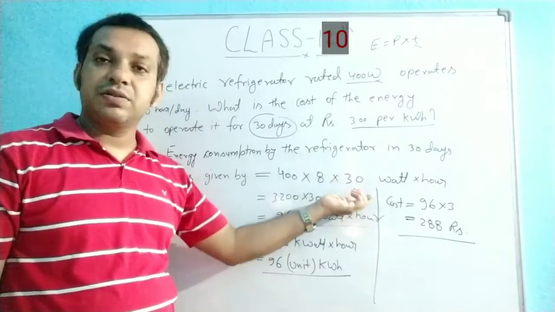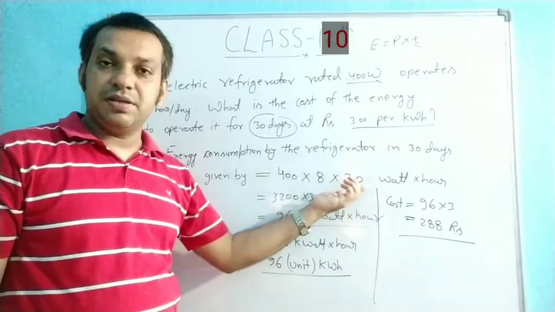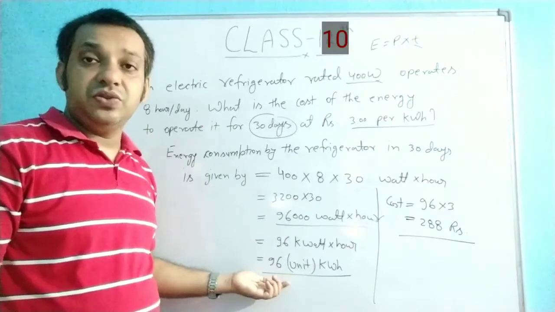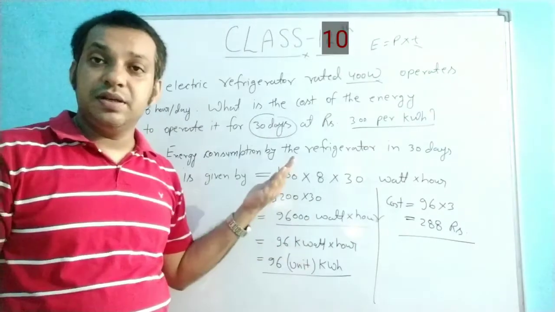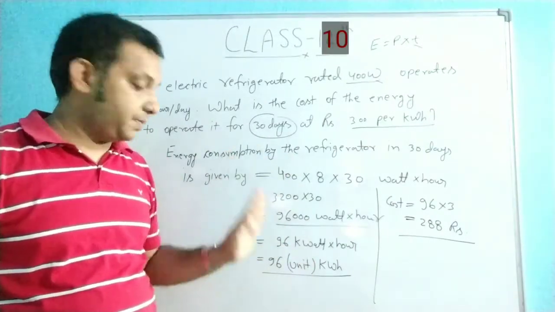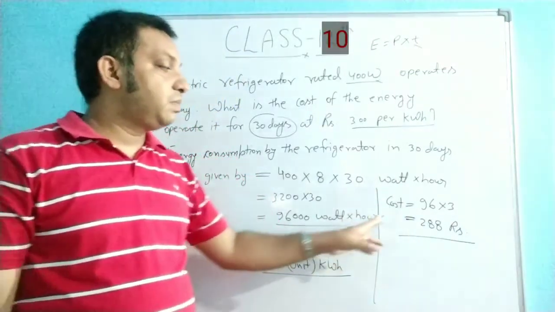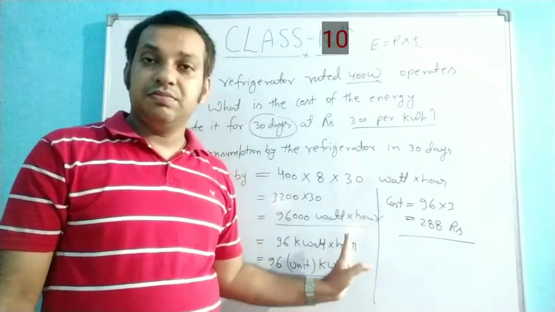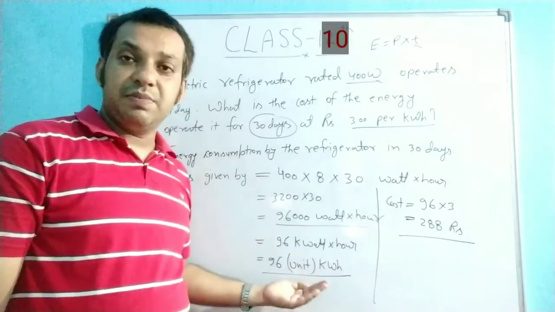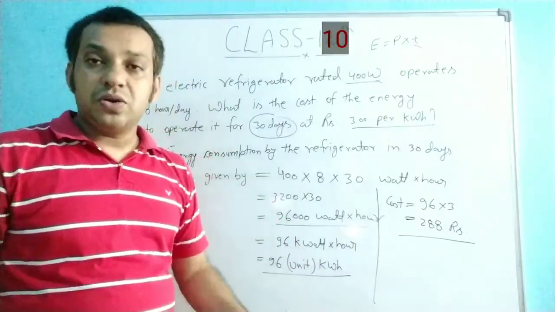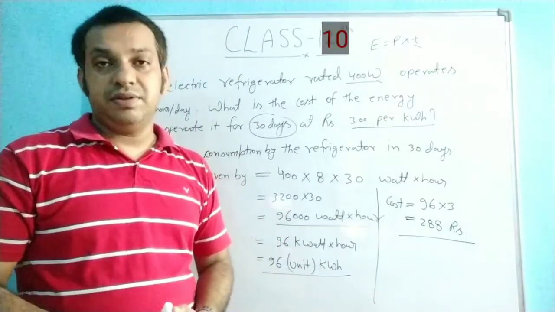But we need 30 days, so multiply by 30. After simplification, you get 96 units of energy consumed by the refrigerator. The cost of 1 unit is 3 rupees, so multiply the energy we calculated by 3, and you will get the total cost of the energy consumed by the refrigerator.